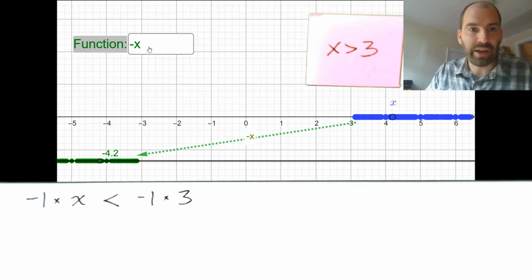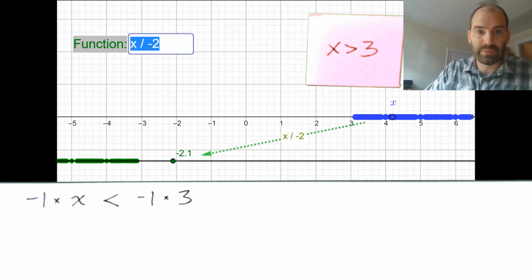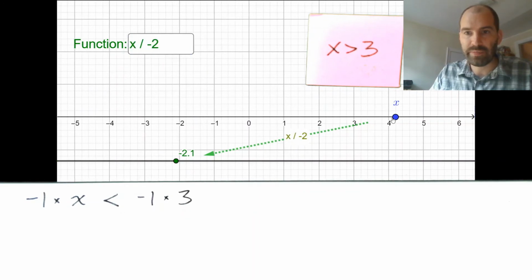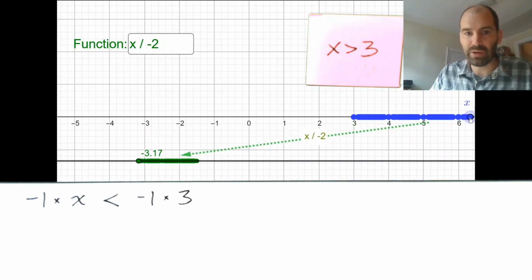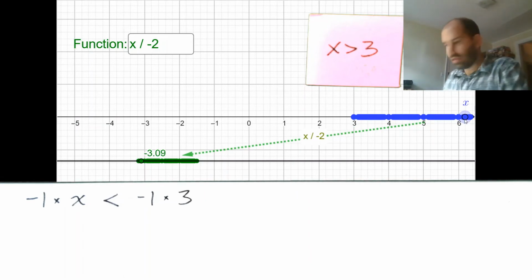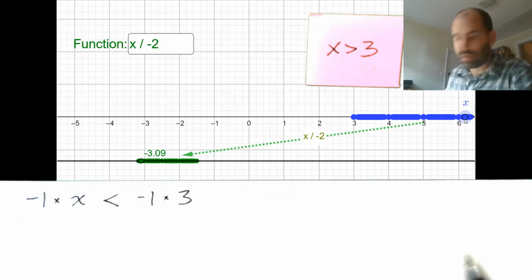What if I divide? What if I take x and divide by negative 2? All right. So here, I'm going to the right of negative 3 because that's my starting inequality. Look at the new inequality. Look at x over 2 here, x over negative 2. Look what's happening.